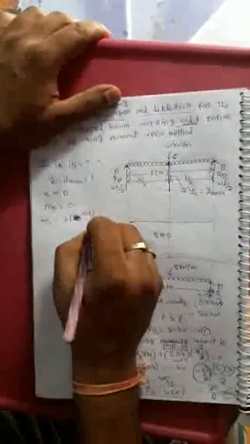Coming from B to C, at MC the span length is L by 2, the load is W, and the reaction is RB. So from B to C there is one reaction and one UDL. The reaction is in the upward direction, so plus RB into L by 2, with RB equal to WL by 2.